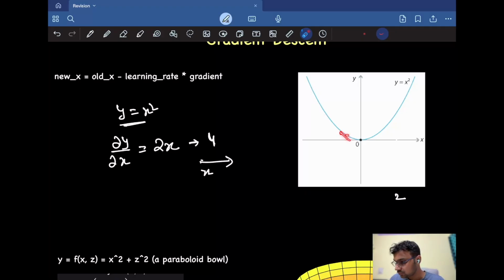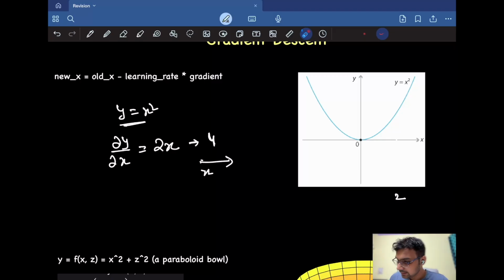But where the slope is lower, the descent is much less, so the step will be smaller. So this tells us the direction in which we should move.